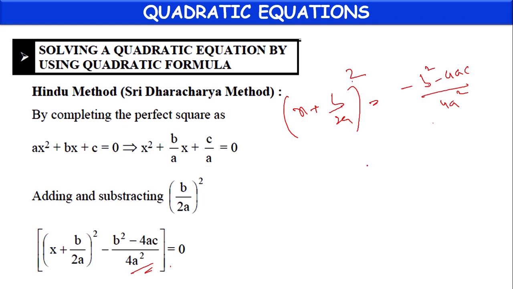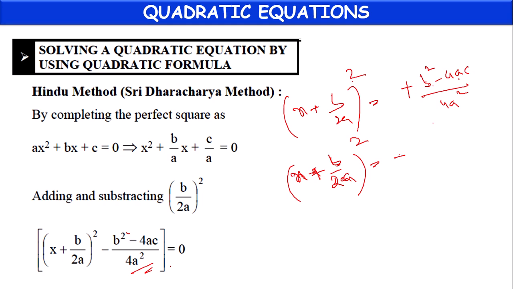So x plus b by 2a whole square equal to, let's keep the minus separate. This minus comes to this side, so it will become plus.